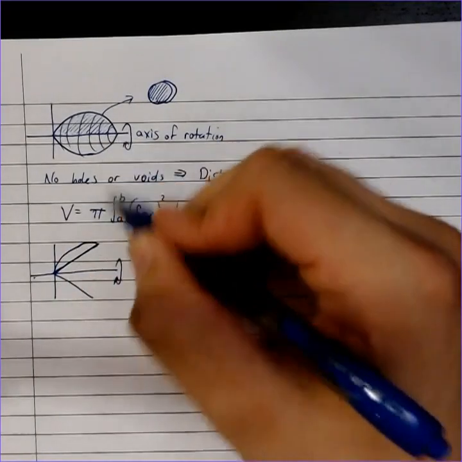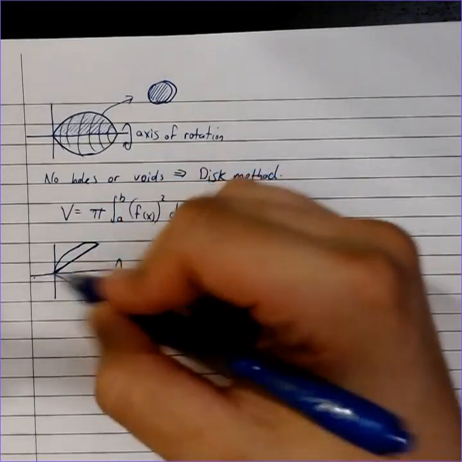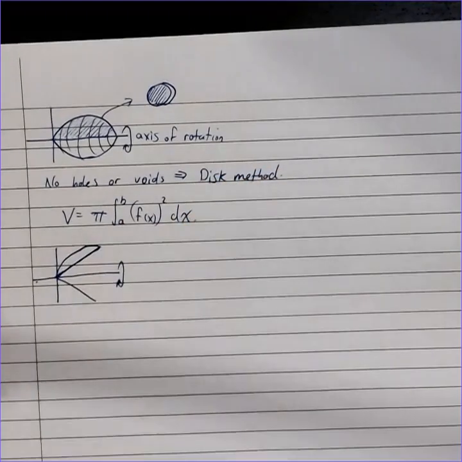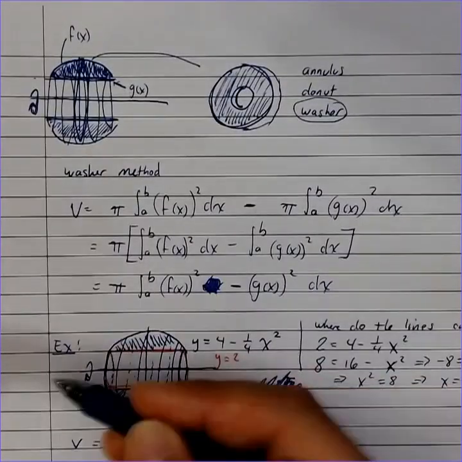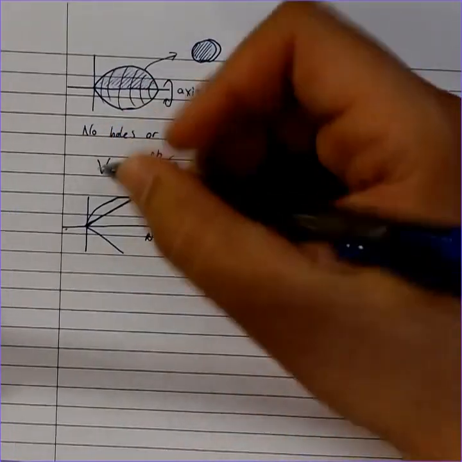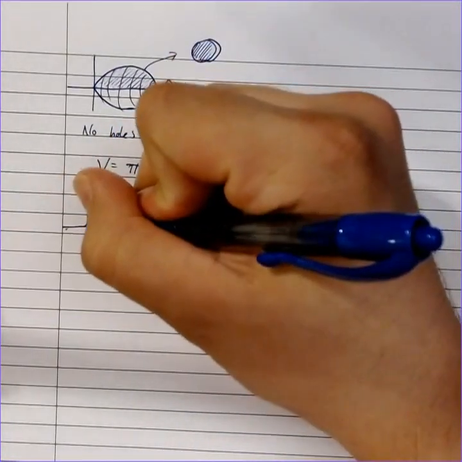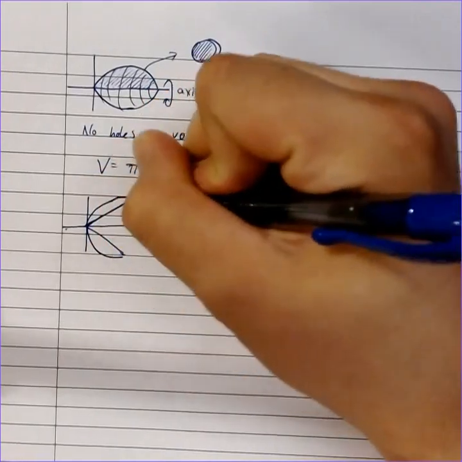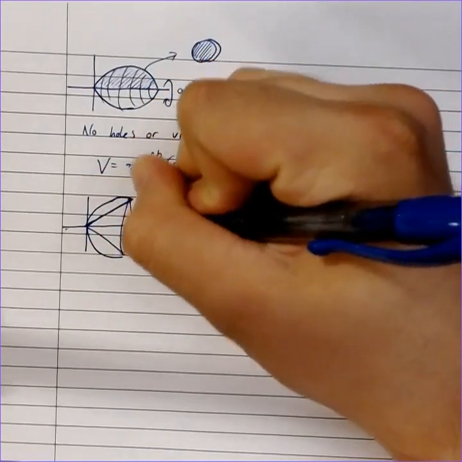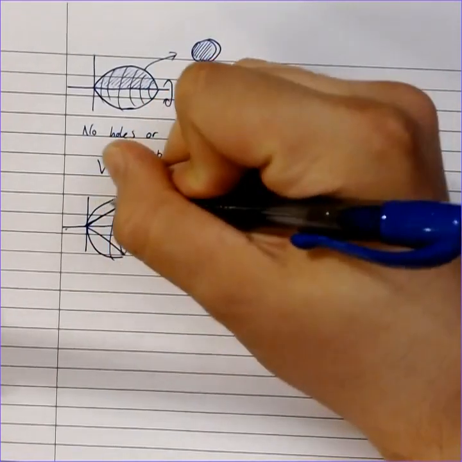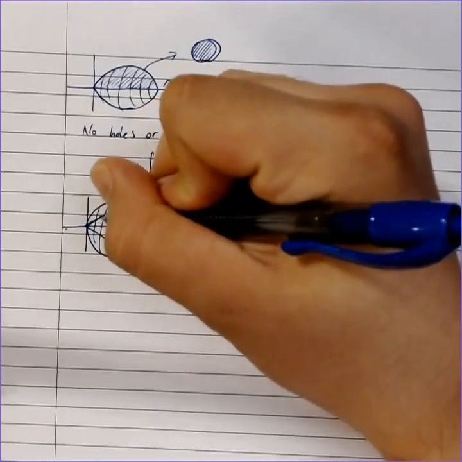So you don't have to have the entire empty space in the middle like we had in this problem where we had a whole core popped out. As long as there's any empty space in the middle, you're going to be using the other method, namely the washer method.